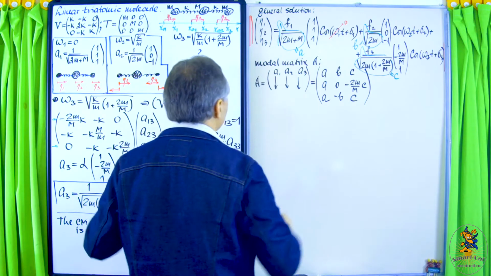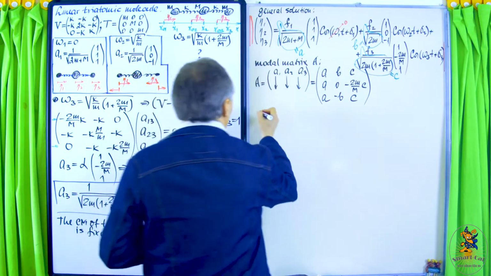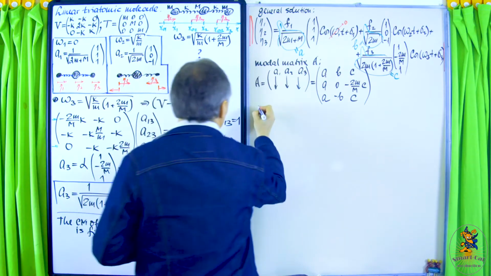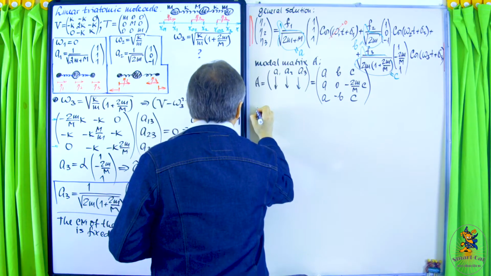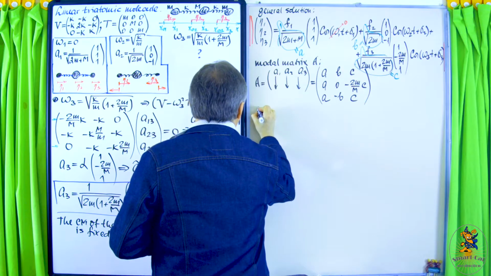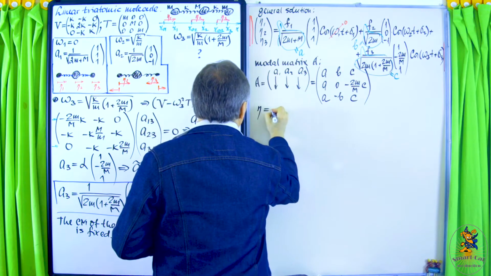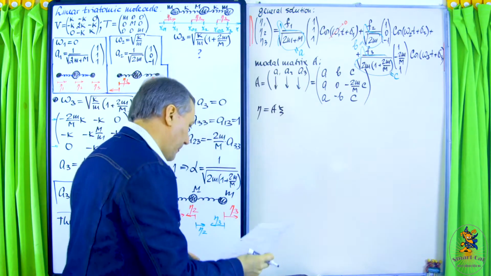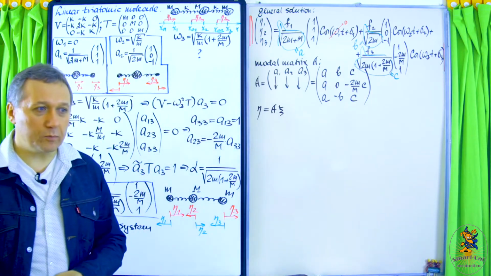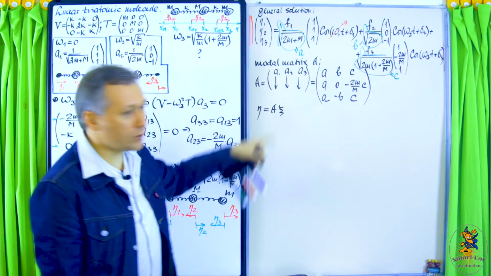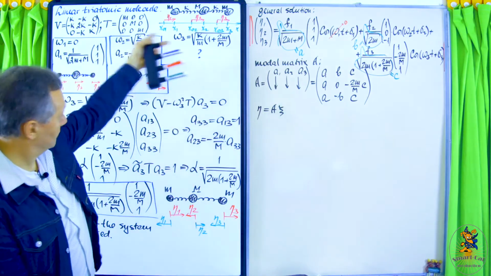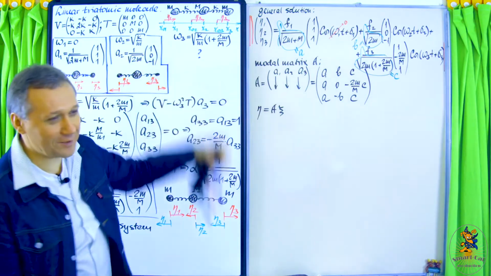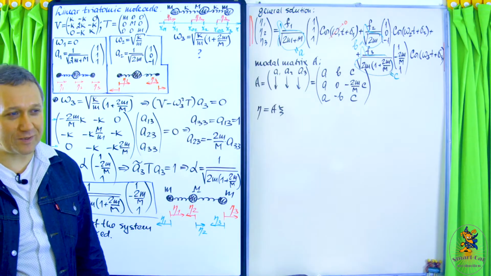Okay, so now you remember how we constructed the normal coordinates. First, in order to move to the old ones, eta equals A times xi. So that's how we can move from normal coordinates to the regular coordinates, the most convenient coordinates in terms of description of the system.